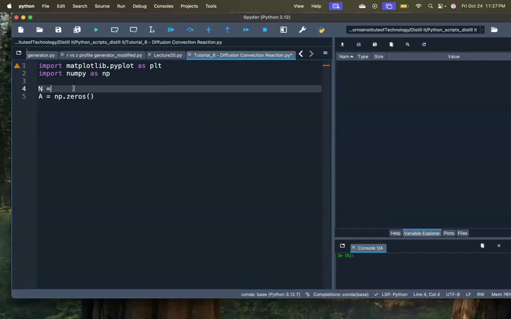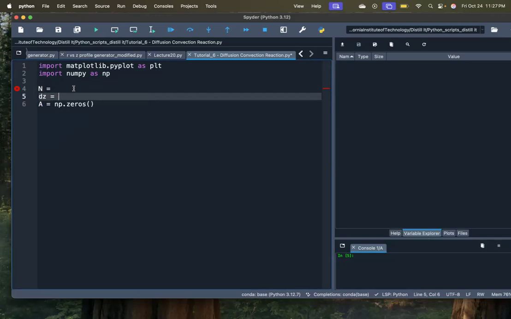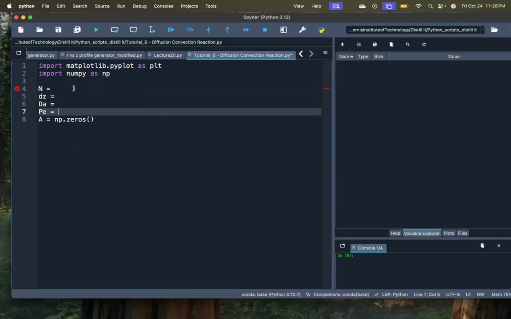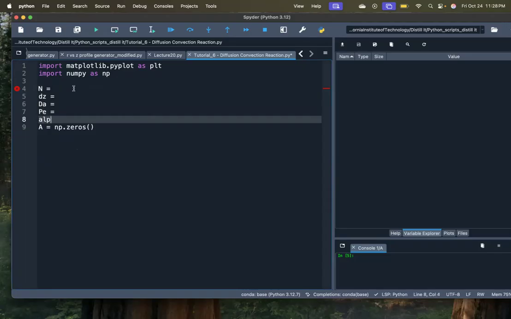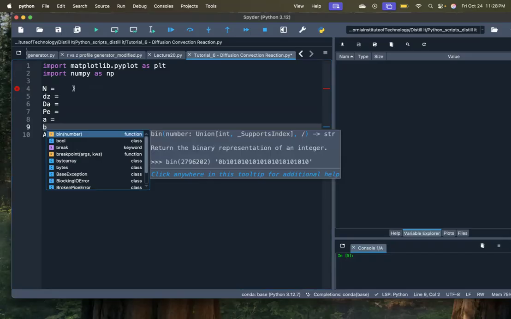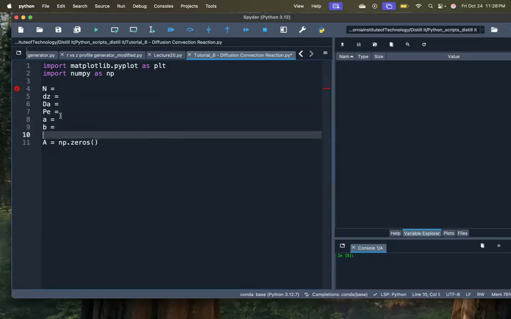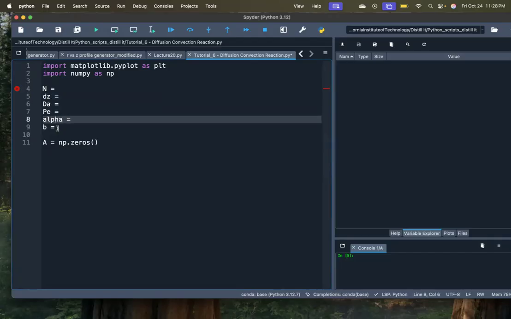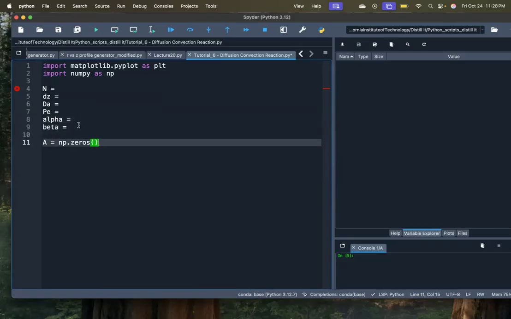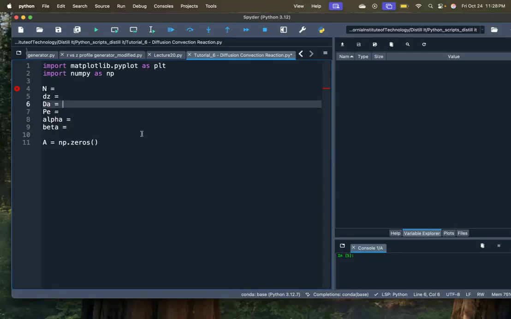Before that, I have to define N, delta Z, the Damkohler number, and the Peclet number, which will give me my alpha and beta. Actually, let's just call them alpha and beta, to avoid any confusion. Nothing else is needed for now.